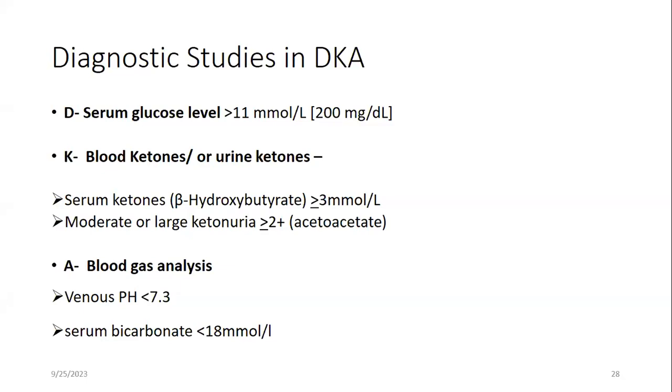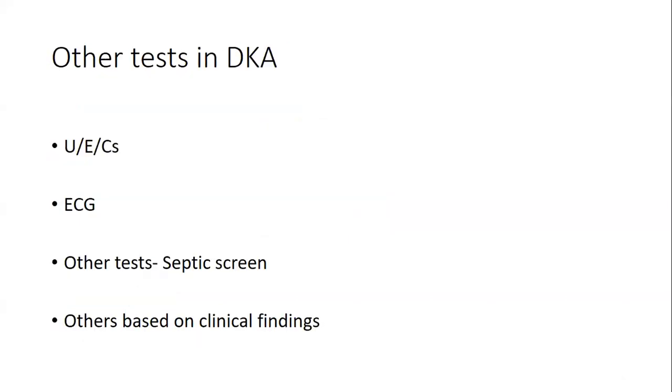I know in most of our county referral hospitals, we are not able to do the blood gas analysis. But if in a county referral hospital you're able to check your serum glucose levels, blood and urine ketones, and your patient is presenting with the classical features of diabetes, then you can treat as diabetic ketoacidosis.